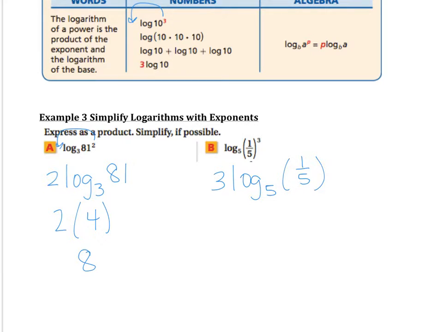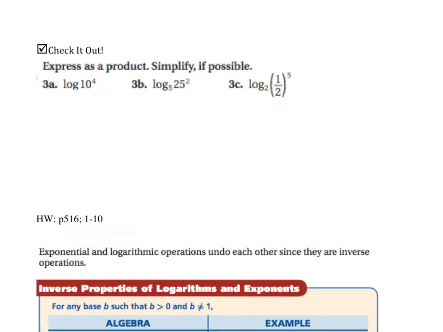So the 3 comes out front. Then I can simplify the logarithm. 5 to what power is 1/5? It would be negative 1. So this would be negative 3. So try these.